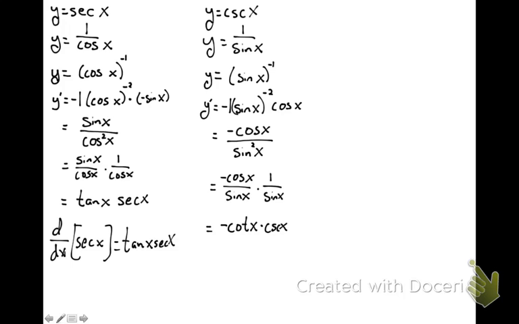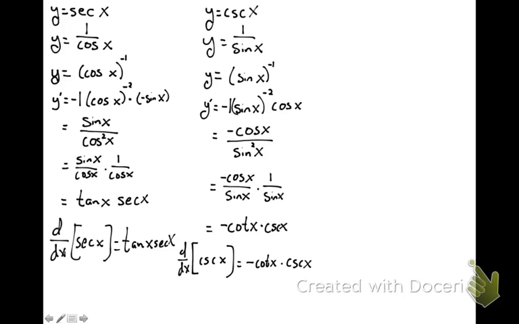So we've proven that the derivative of cosecant x must equal negative cotangent x times cosecant x.